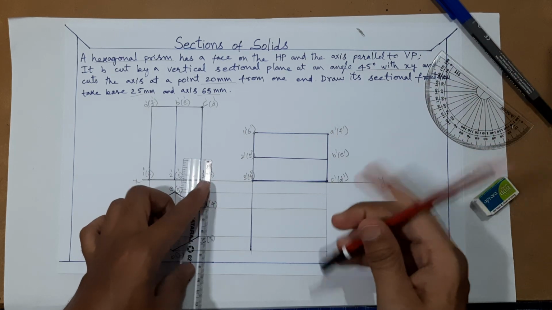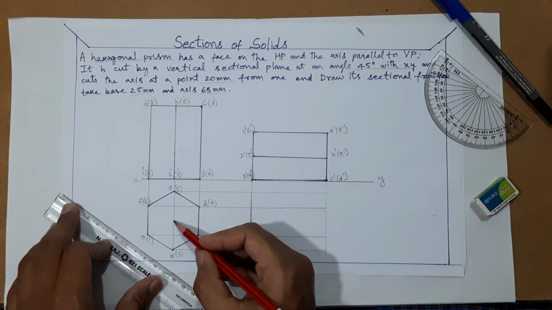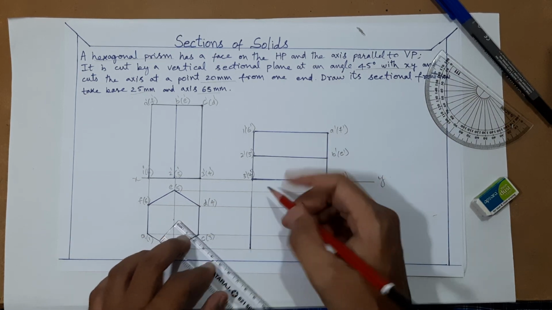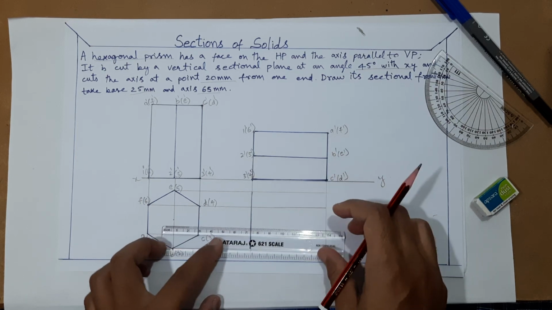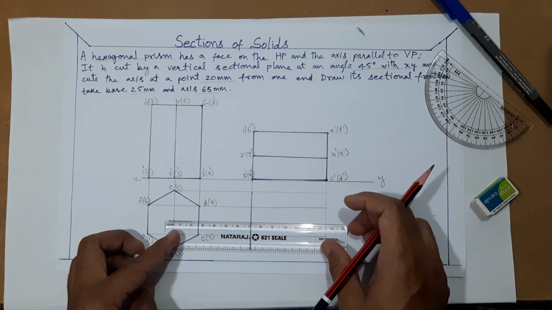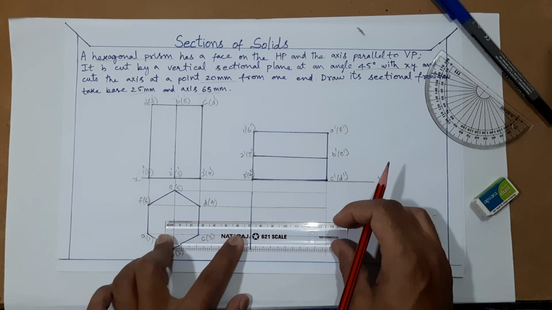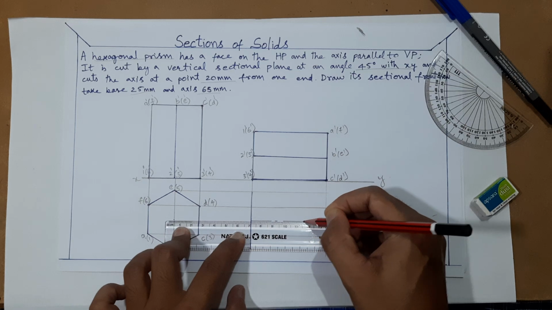First I'll draw the section plane also here. This is the axis, the center, so that center also we will shift here. The center will be the midpoint of this entire thing, as you can directly project it. So here comes the axis of this prism.